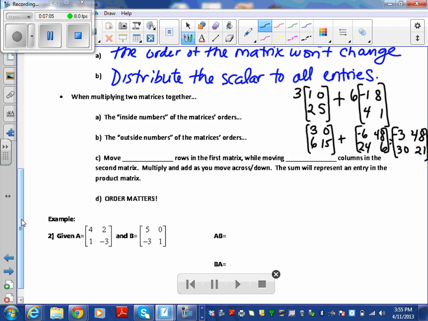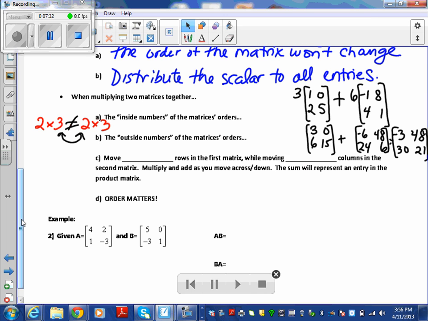So let me just write this out so you have a visual. If I wanted to multiply a 2 by 3 matrix by another 2 by 3 matrix, you cannot do this, even though you might first think you could because the orders are the same. We cannot, because look at those innermost numbers of those orders. On the inside here, we have the 3 and the 2. Not the same, so you cannot do this.